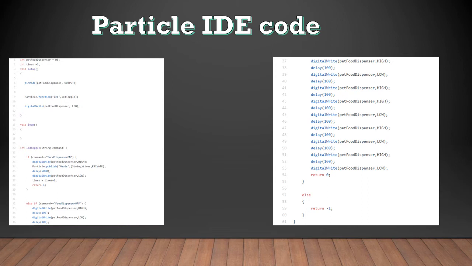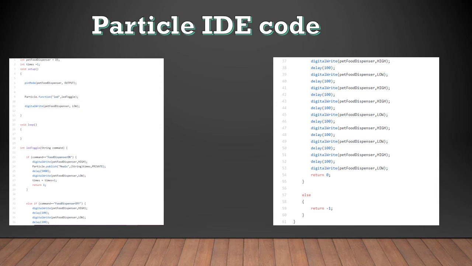And then for the GUI or HTML page, that's my buttons. If condition is command equals food dispenser on, then it will set pet food dispenser high. That's basically my LED. And then it will publish times, which is my variable, to ThingSpeak, and then the food dispenser will go low, and then times will be increased by one so that I can have a count of how many meals.